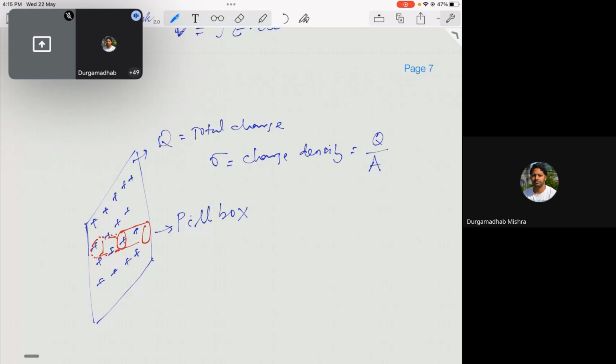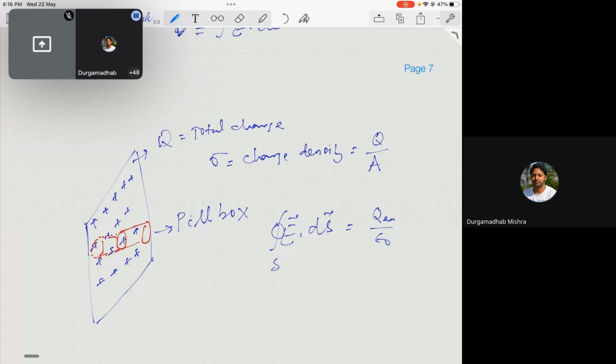So this is nothing but a cylinder. Now you want to use Gauss's law, which is the integral of E dot ds over the closed surface equals Q enclosed by epsilon naught. When you want to take the integral of E dot ds, we now have a defined surface. But what is the electric field due to this charge distribution?